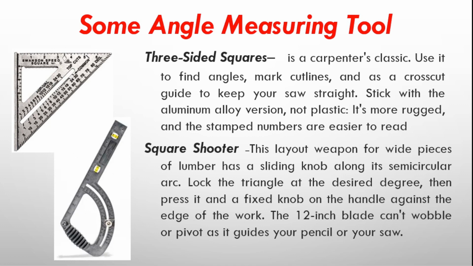Next we have the square shooter. This layout weapon for wide pieces of lumber has a sliding knob along its semicircular arc. Lock the triangle at the desired degree, then press it and a fixed knob on the handle against the edge of the work. The 12-inch blade can't wobble or pivot as it guides your pencil or your saw.